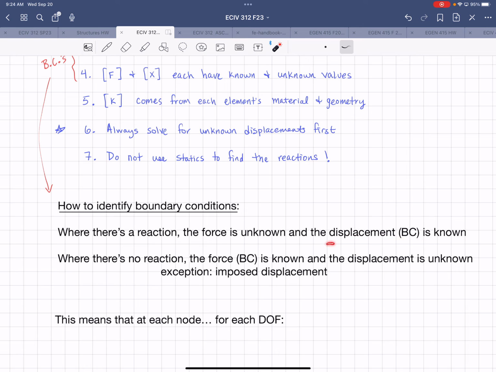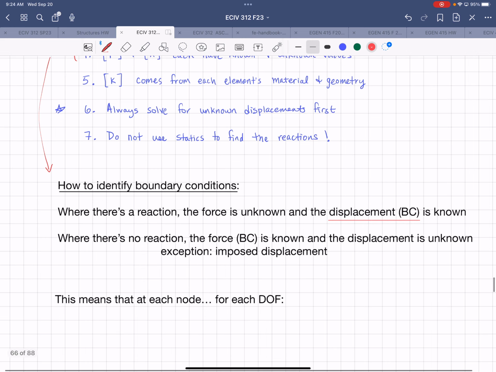So in this case, the displacement is your boundary condition because it is a known value. Where there's no reaction, the external force is your boundary condition because that is what is known. And in this case, then, the displacement is unknown.